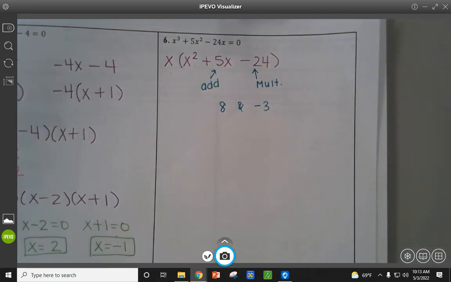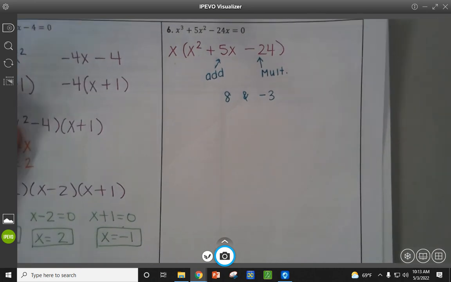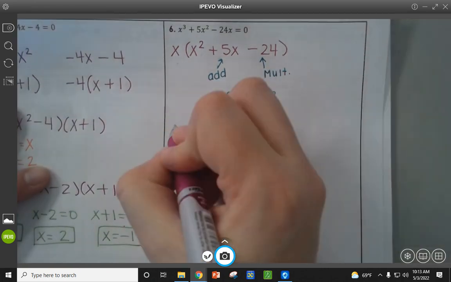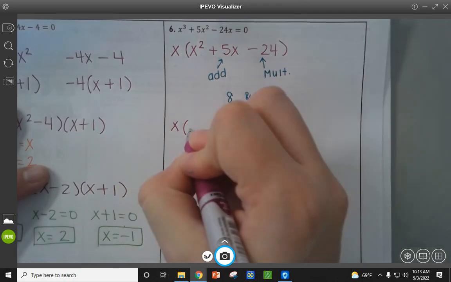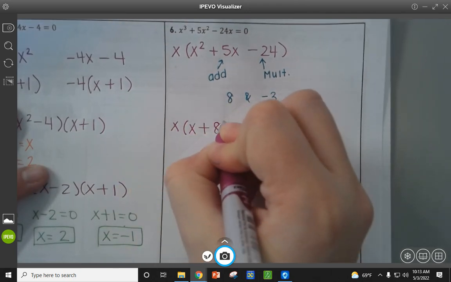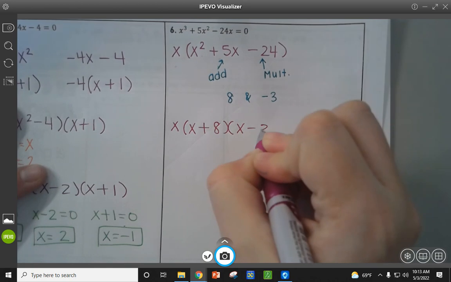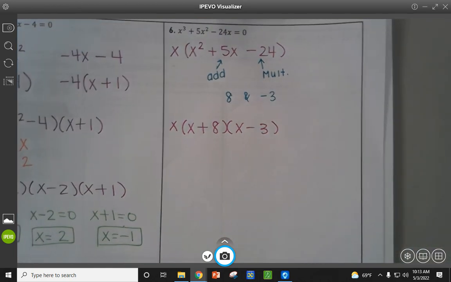Good. So we have this x, and then we have x plus 8 and x minus 3.